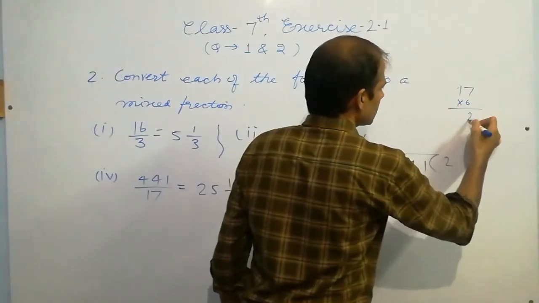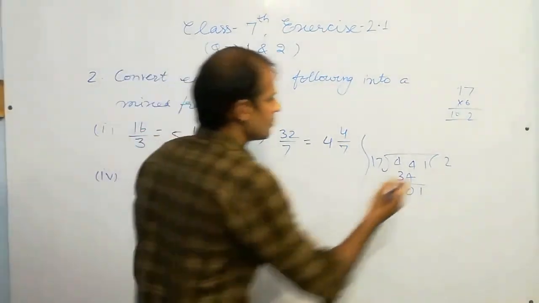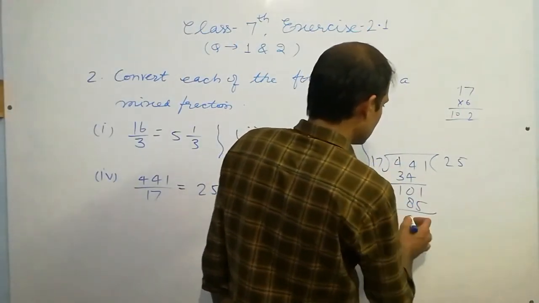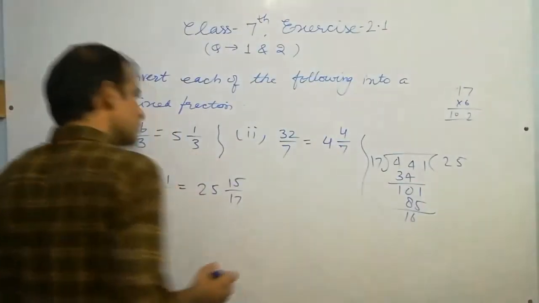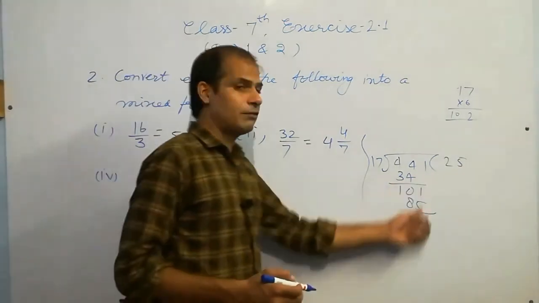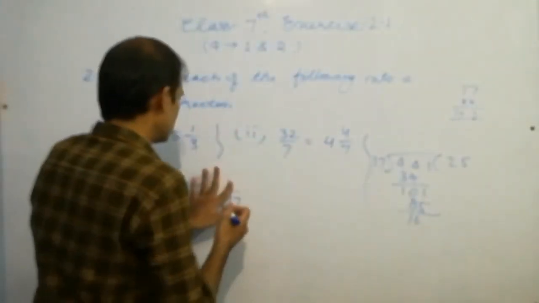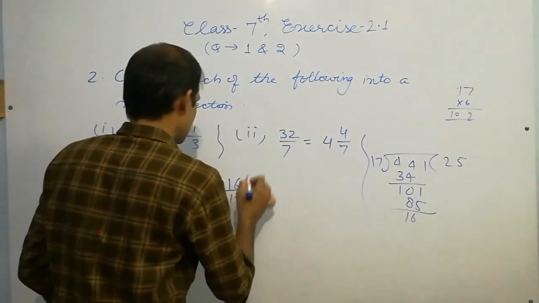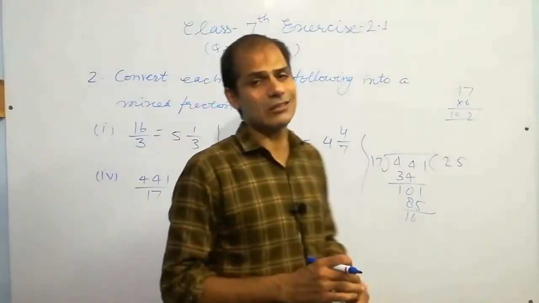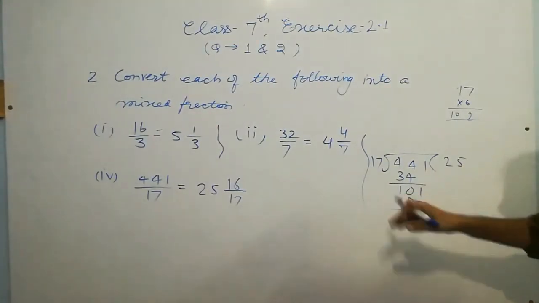It is bigger. So we write 17 5s are 85. Okay, and it is 16. After subtraction, by mistake I have written 15. Okay, so it is 101 and the answer is, so maybe we make little mistakes sometimes. The answer is 25 and 16 upon 17.